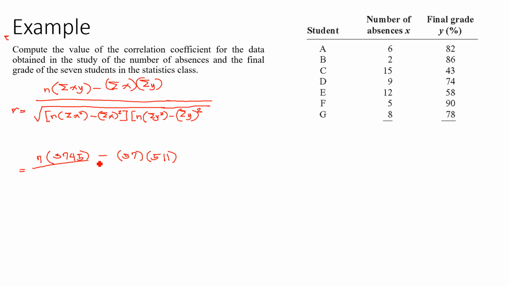All over, you have the square root of, you have n is 7, times the summation of our x squared is 579, minus we have 57 quantity squared, that is for our first, multiplied again by 7 times the summation of y squared, that is 38,000.